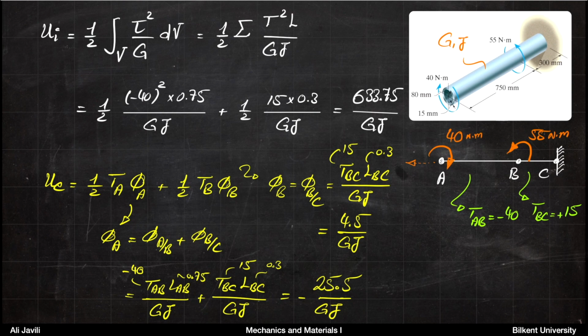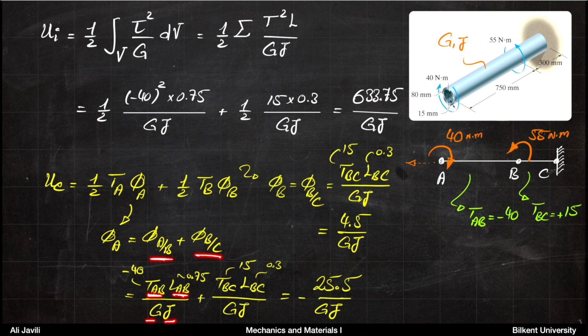Now, for each part of these angles that we have here, we use the relationship for angle of twist that we have learned before. Phi equals TL over GJ. So from A to B, you would use torque from A to B times length of AB divided by GJ.